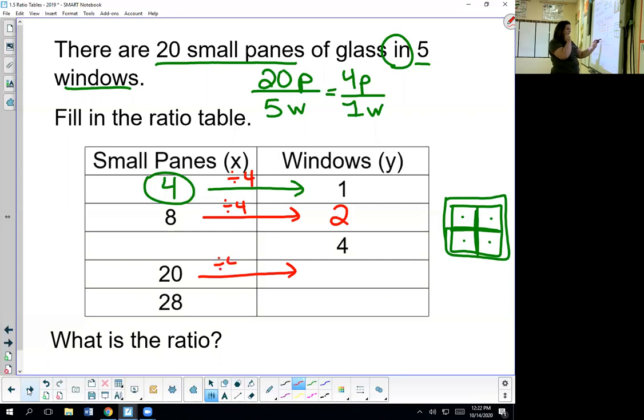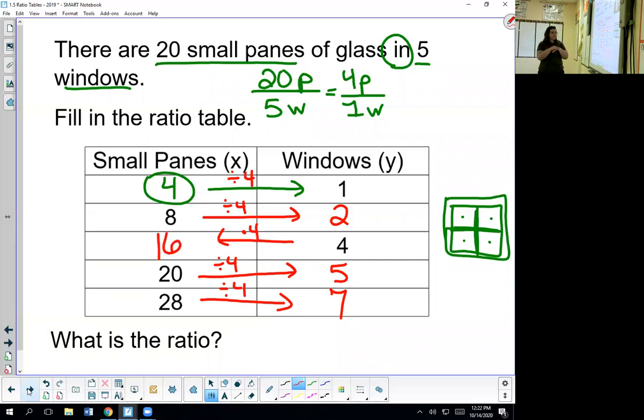Well, if I divide that into 4, because there's 4 per window, I would have 5. 28 would be 7. So how do I go the other way? I have 4 windows, and there's 4 panes per window. So you're actually doing the inverse now, which is multiply by 4, which is 16.